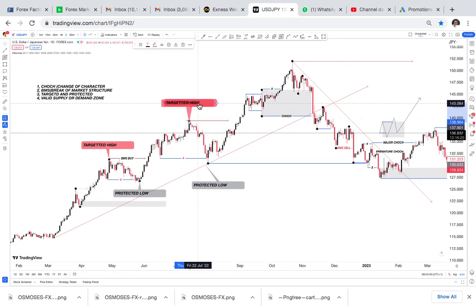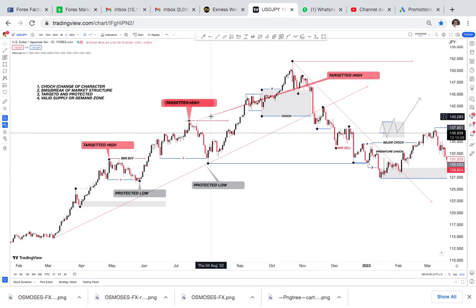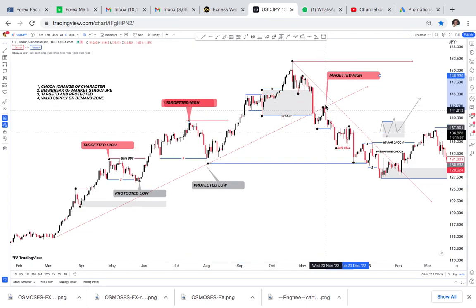So in this bearish trend now, protected, what do we have? Protected, targeted highs. We now have targeted lows and protected highs. So let me bring one here. So I have it right there.